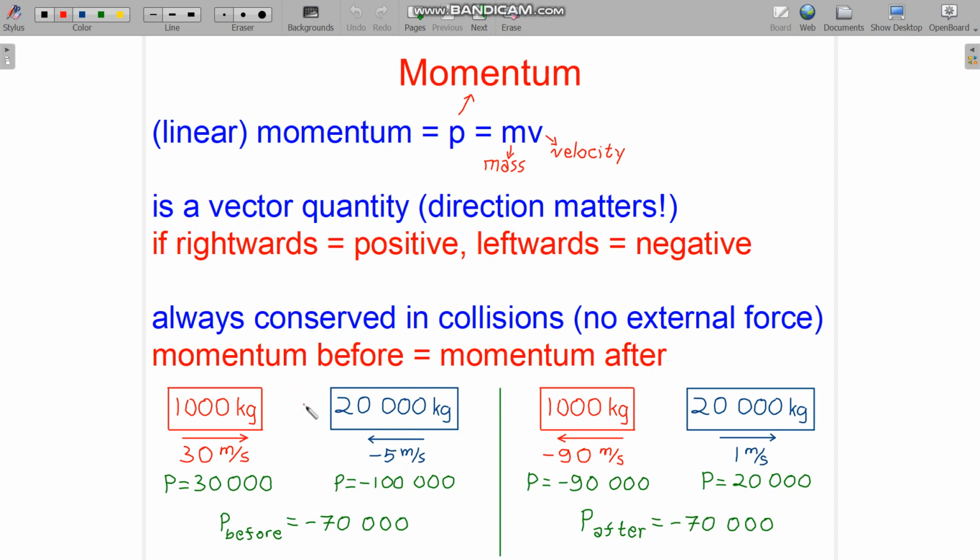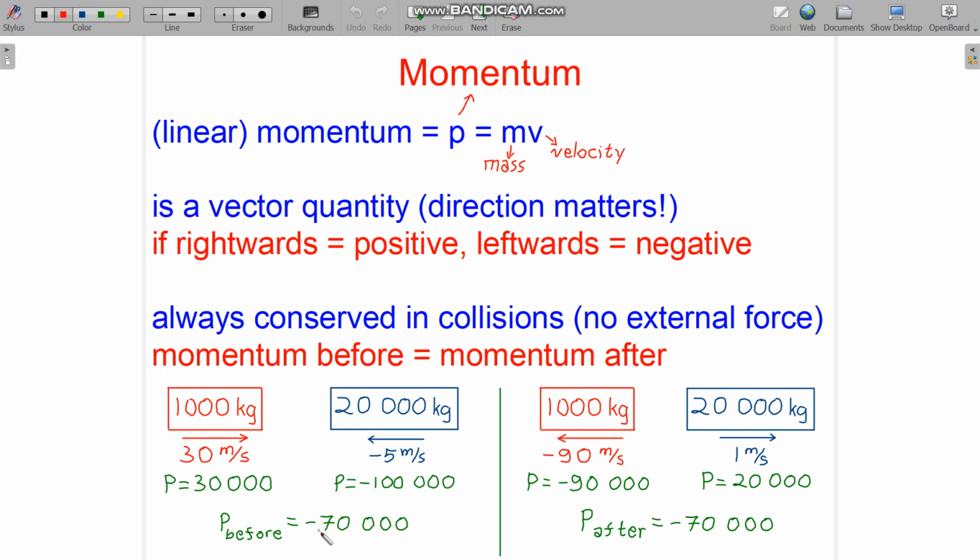The momentum of the car is 30,000 because 1000 times 30, and the momentum of the truck is 20,000 times 5, which is minus 100,000. Therefore, the total momentum before the collision is minus 70,000. So 70,000 to the left.